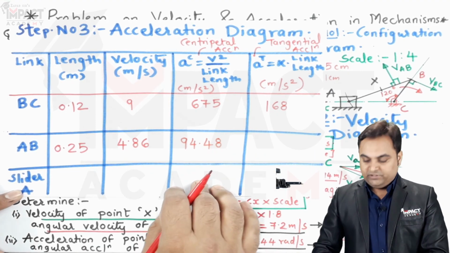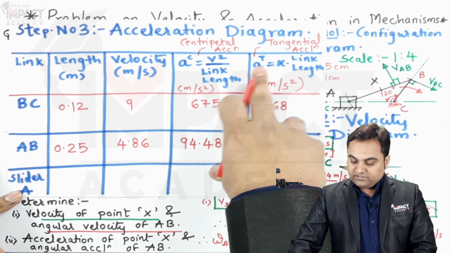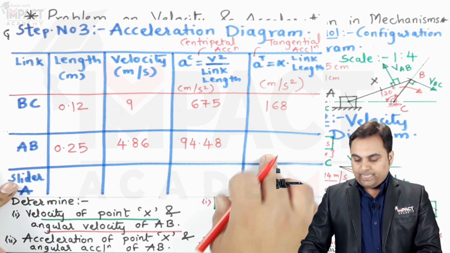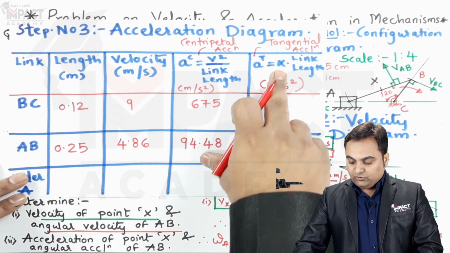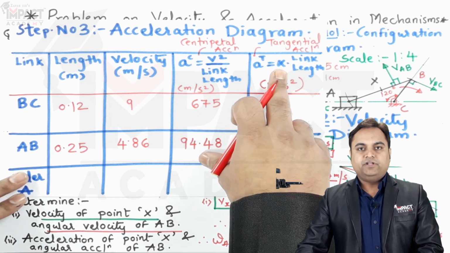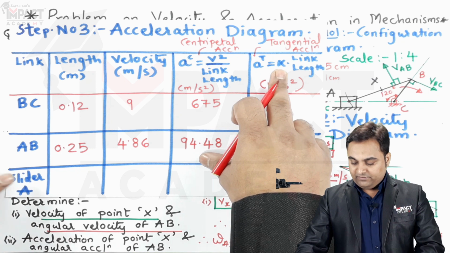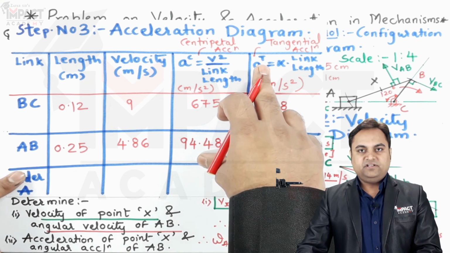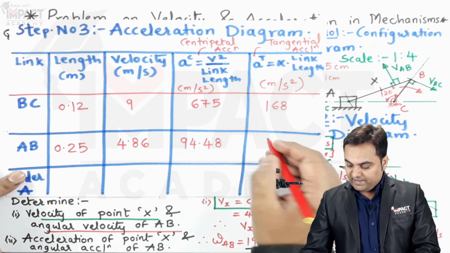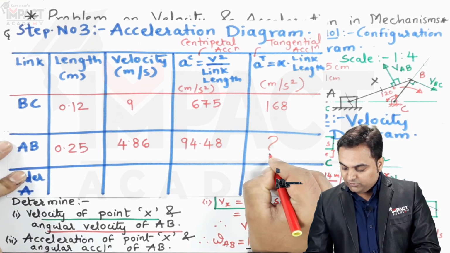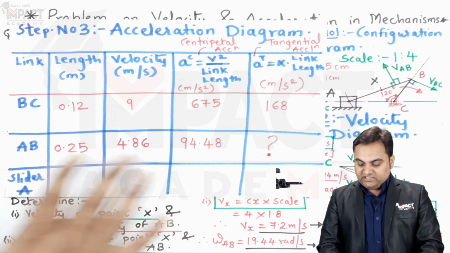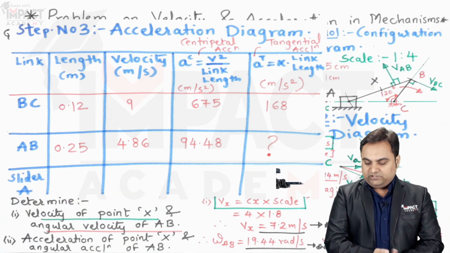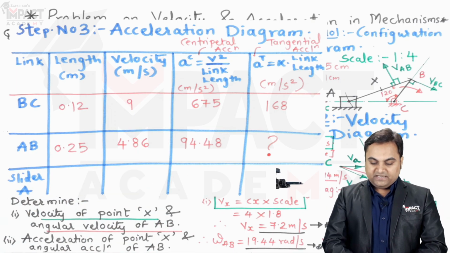meter per second square. Next, the tangential acceleration for the connecting rod AB: the angular acceleration of the connecting rod is not given, so we have to find this tangential acceleration, but right now we don't know the magnitude, so this value is unknown. We are going to find this value, and once these values are known, we can easily start with the acceleration diagram.